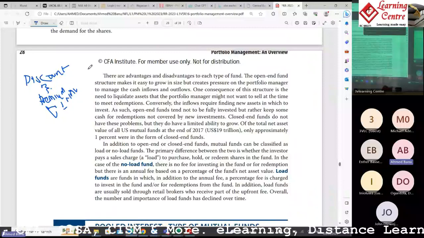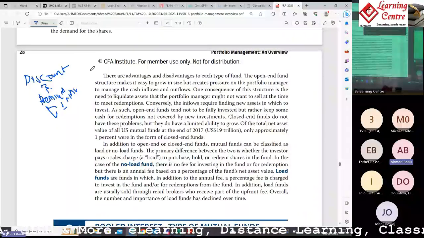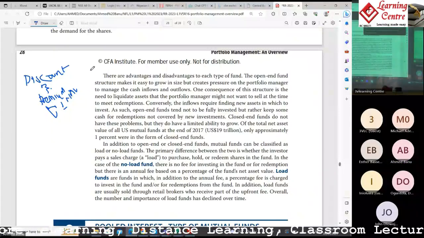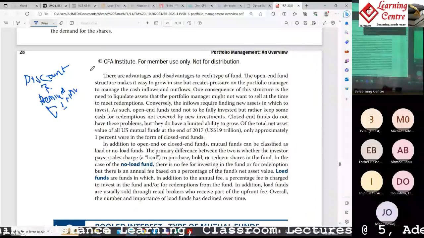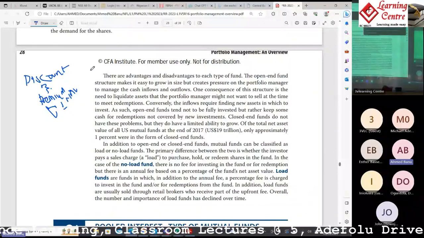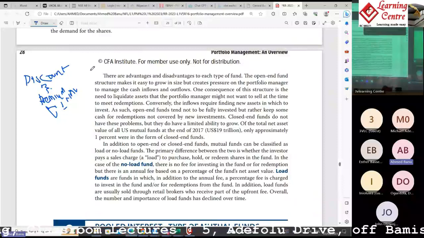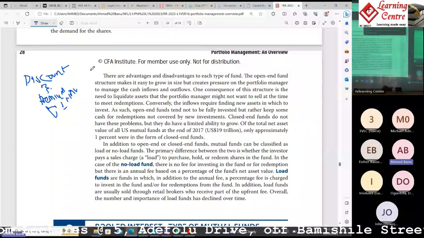Imagine a situation where the NAV per share of a mutual fund is 10 naira. Esther wants to go out. Remember that Esther can only go out if there's somebody at the other side that is willing to take up a unit.